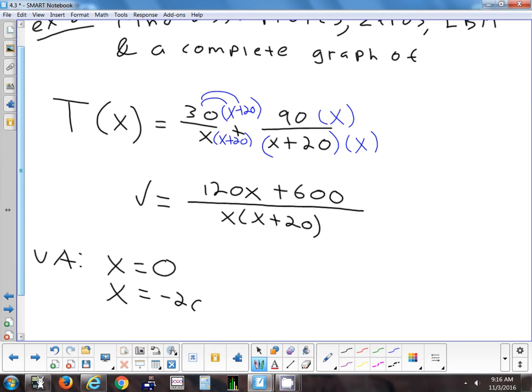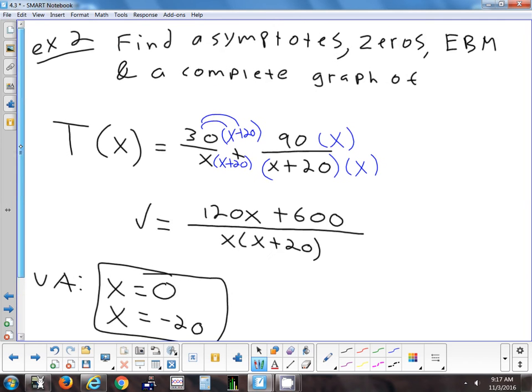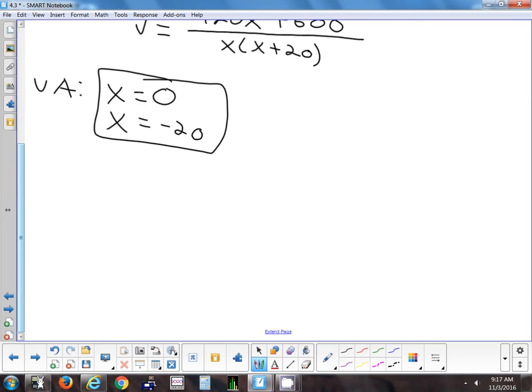Now, I'm not saying these numbers make sense in the context of the problem, because x is the speed of the car, but they wanted us to find it, so we found it. So that's vertical asymptotes. Let's do the EBM, because then that'll give me a horizontal asymptote. What's the highest degree term in the top?